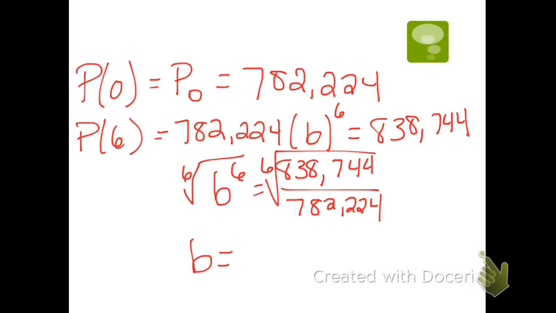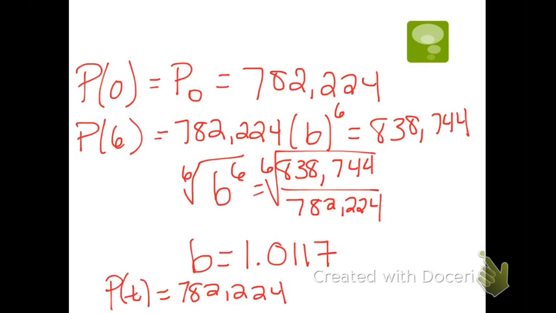So b is going to be equal to about 1.0117. So that makes the whole equation P of t is equal to P sub 0 times 1.0117 raised to t, which is the time in years.